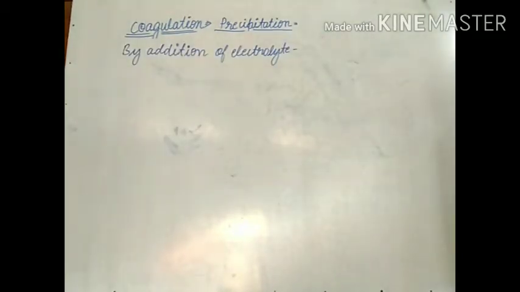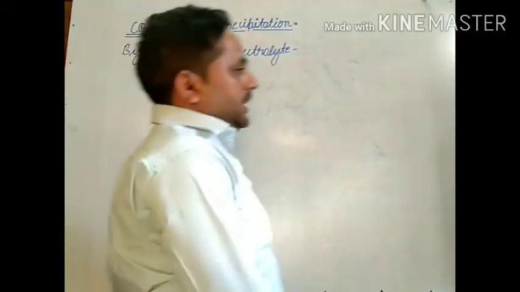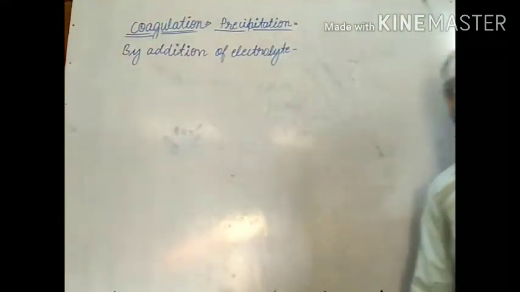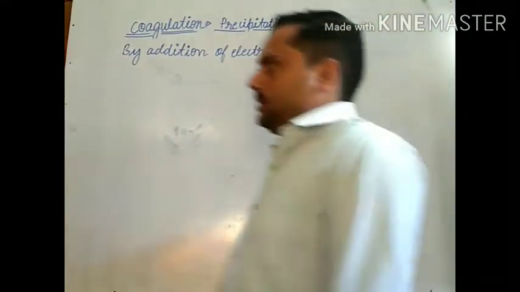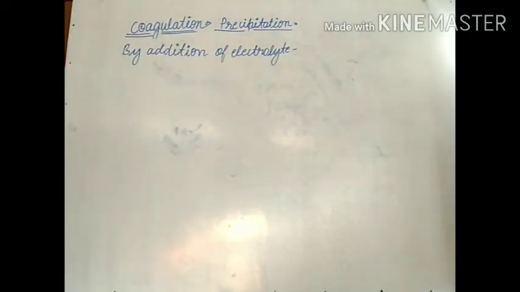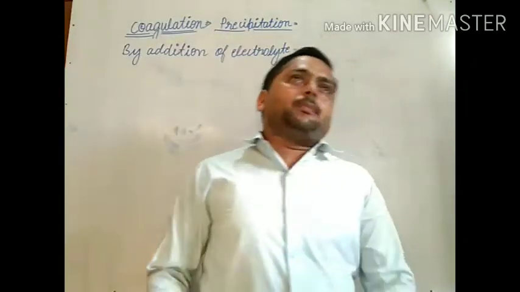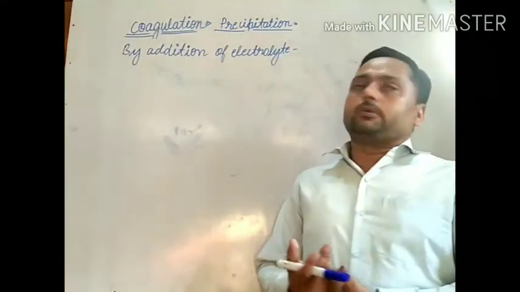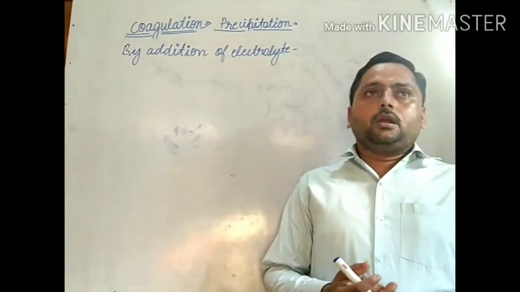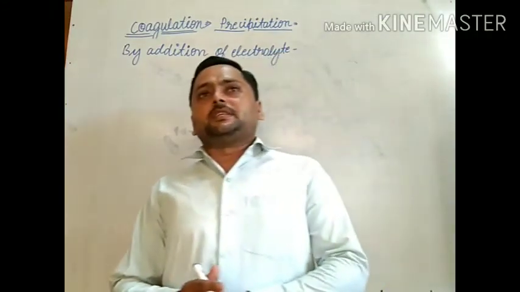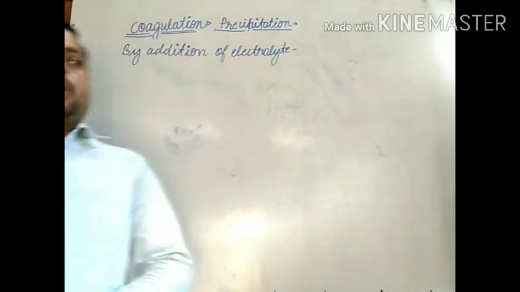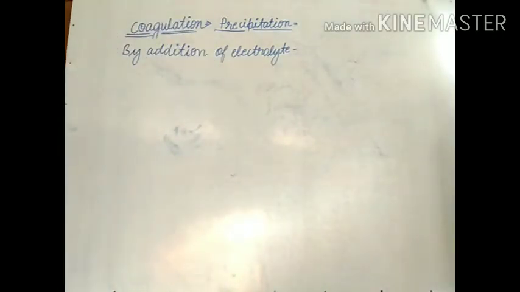Our last topic was addition of electrolyte. When electrolyte is added to a colloidal solution, it precipitates. When excess electrolyte is added, colloidal particles are precipitated.